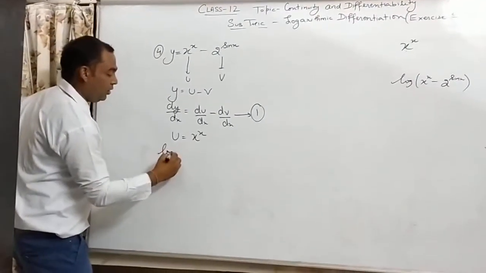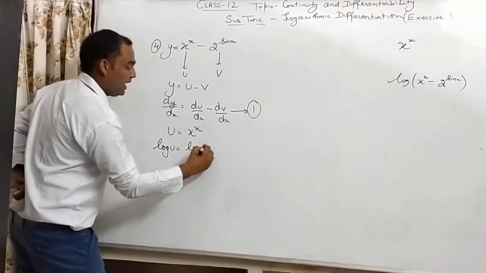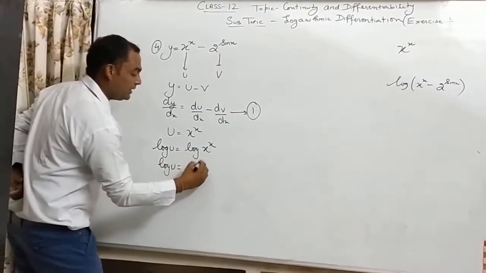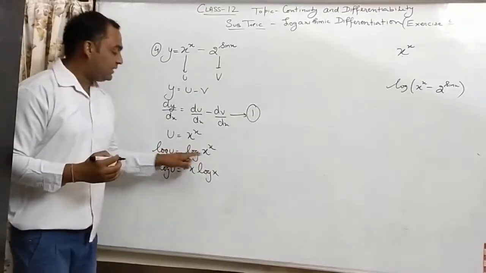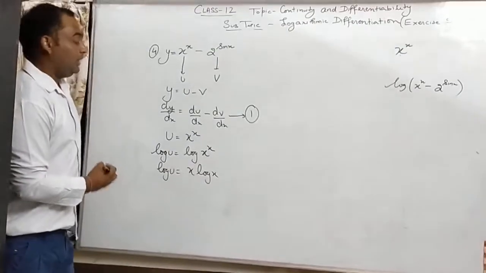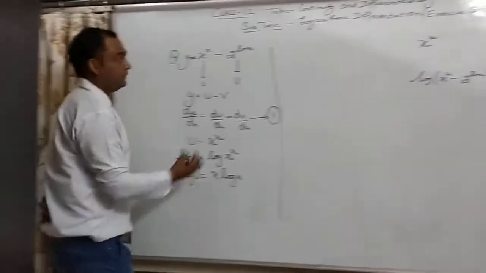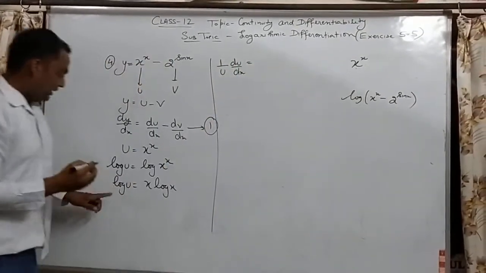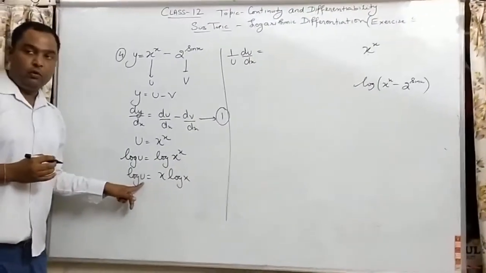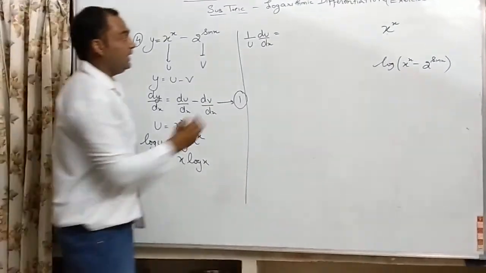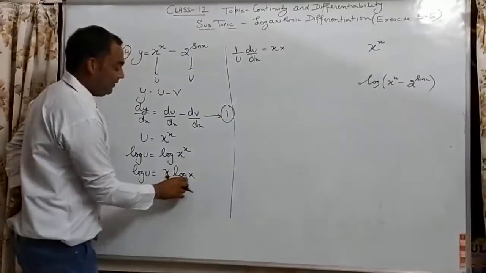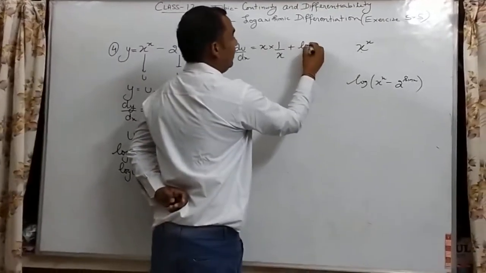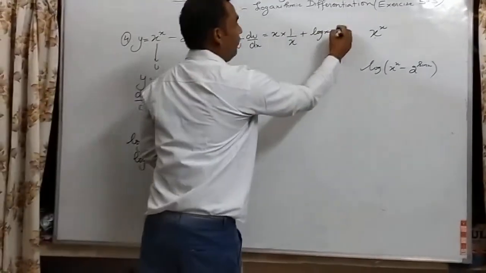Taking log on both sides, log of u is equal to log of x raised to power x. Log of u is equal to x log x, because you know that log of x raised to power y is y log x. Differentiating both sides, we get 1 upon u du upon dx is equal to, x into derivative of log x, 1 upon x, plus log x as it is, derivative of x, 1.